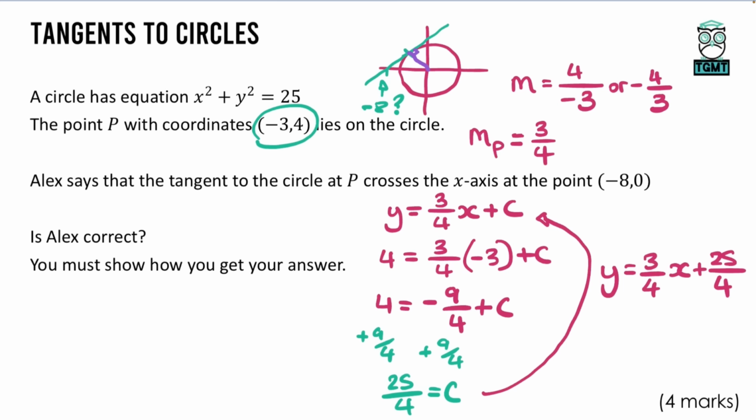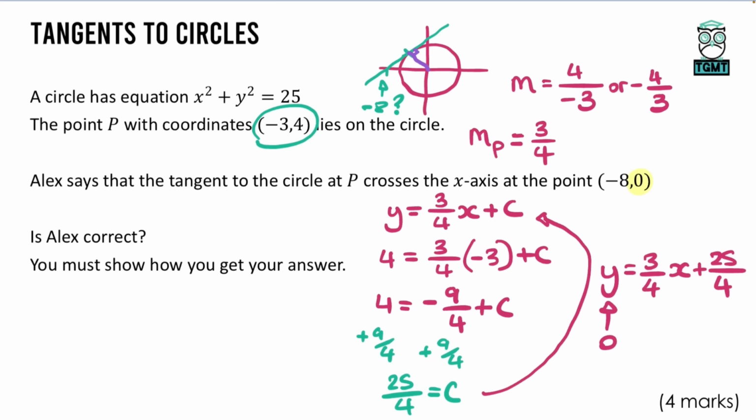So there is my equation. I now just need to use that to find where the line crosses the x-axis, that's where y is equal to 0. You can already see that anyway in this particular one because they've put the 0 there. So you've got two ways of showing whether this is correct. Either we put y is equal to 0 and we solve it and see what x actually is, whether it's minus 8 or not.